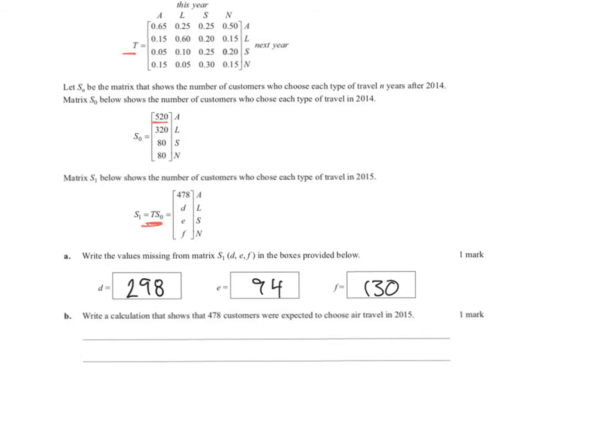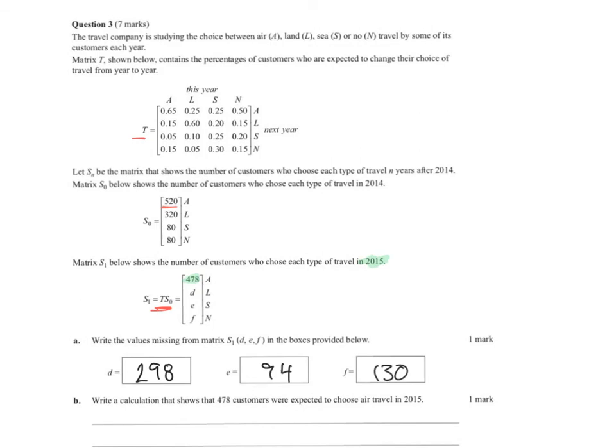Question B. Write a calculation that shows that 478 customers were expected to choose air travel in 2015. We can see that there were 478 customers in 2015 that chose air travel. What we want to know is how they got there, so we use our transition matrix with the numbers from the year before, 2014.